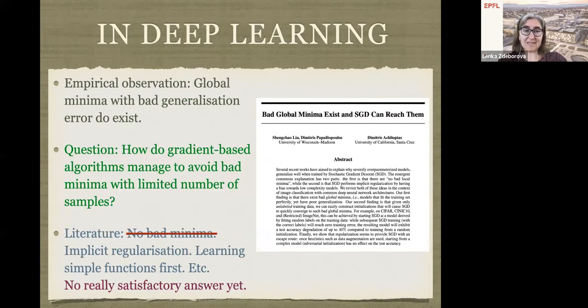For some reason, the gradient descent algorithm manages to avoid the bad ones and go to the good ones with a limited number of samples. So it's not because there are no bad minima, there are. The literature discusses some kind of implicit regularizations or learning simple functions first, but overall, a satisfactory answer is not yet there.